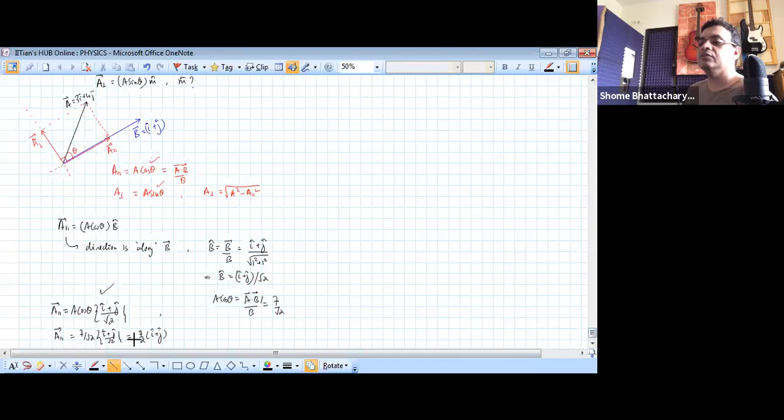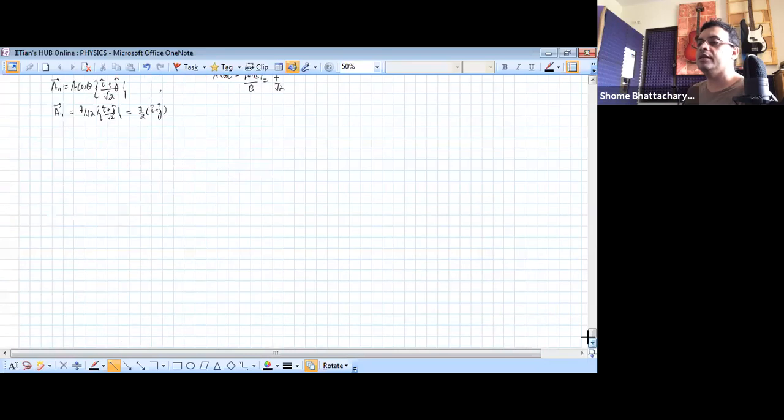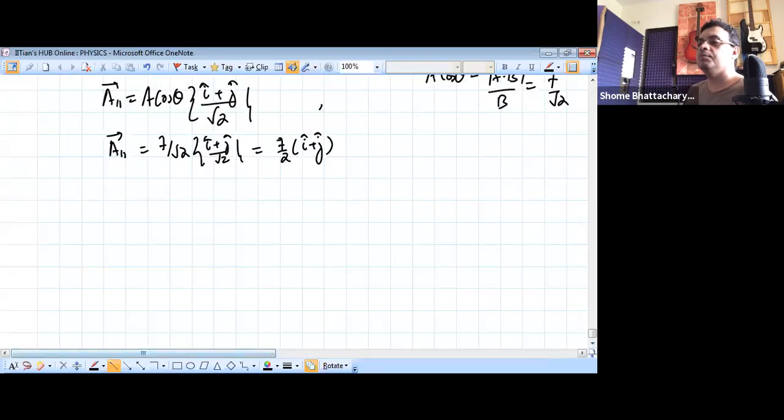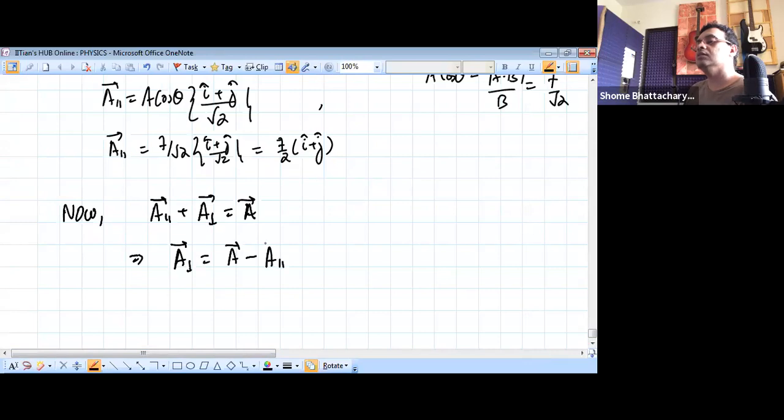Now, why I needed the vector form of this numerically is because I also want to find out A perpendicular. And A perpendicular, I'll find out by that simple relationship that the parallel and perpendicular components, their vector sum, is equal to the vector. So in other words, the perpendicular component should become the vector A minus its parallel projection.